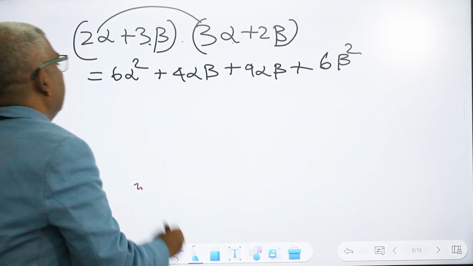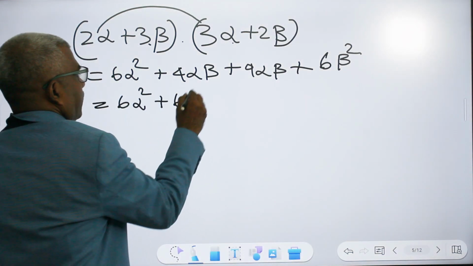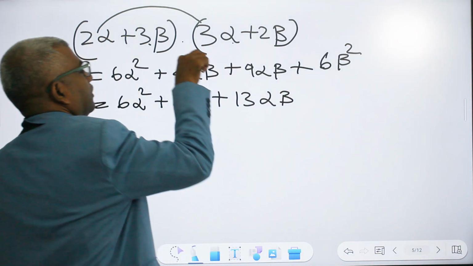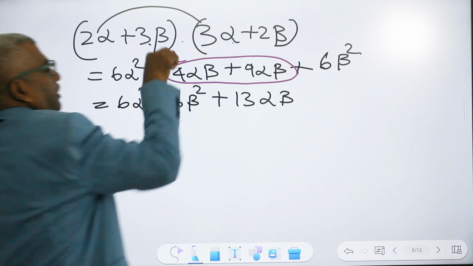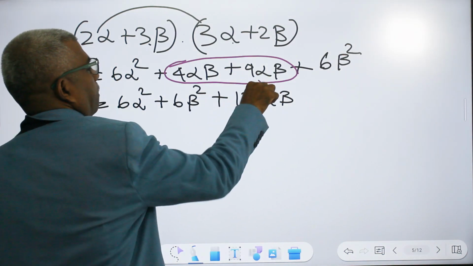So what will happen? 6 alpha squared plus 6 beta squared plus 13 alpha beta. This will be 13, 4 plus 9.